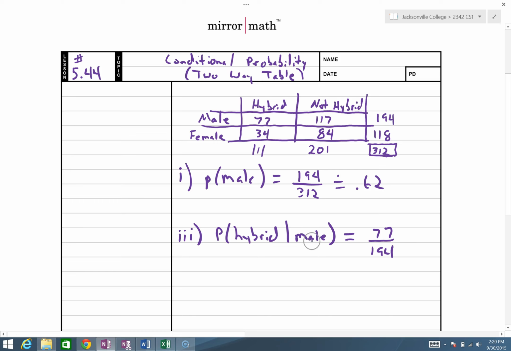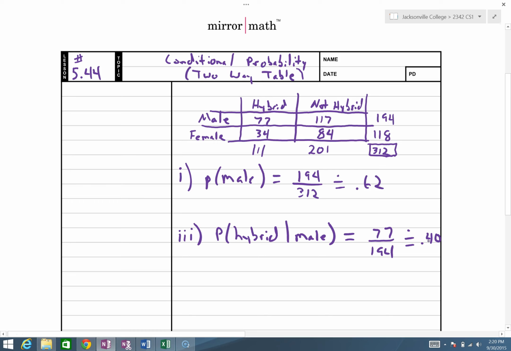In this case, our whole world are the males, this 194. So 77 divided by 194 is 0.396, or roughly 0.40. So 40% of the males drive hybrids. That means 60% of the males drive non-hybrids.